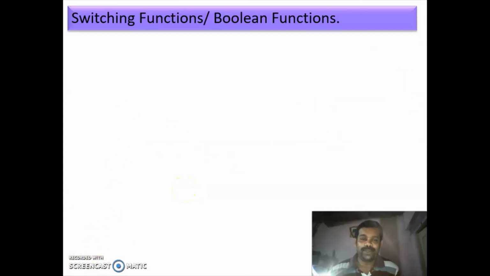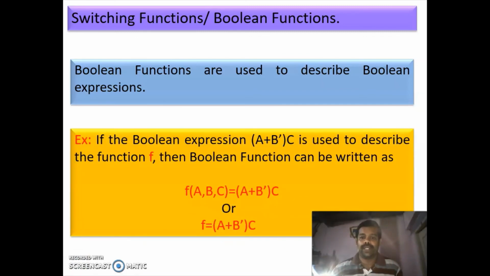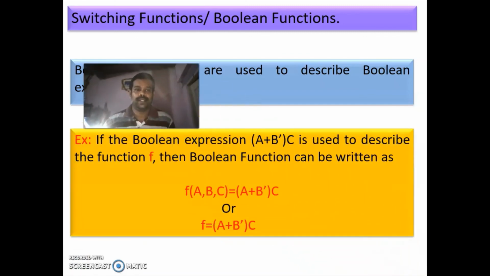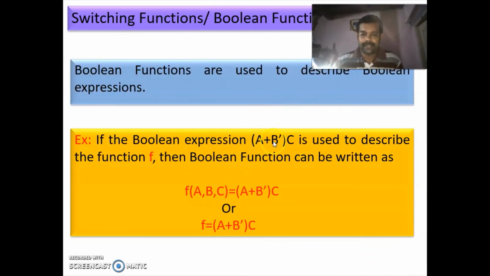Next we are going to see switching functions or Boolean functions. Boolean functions are used to describe Boolean expressions. The Boolean expression A plus B bar into C is used to describe the function f.